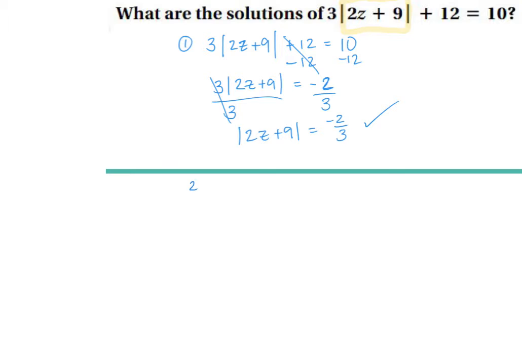So second step, we're going to take away the absolute value, so we're just going to write 2z plus 9 equals positive solution, 2 over 3, and then we're also going to write our negative solution. So 2z plus 9 equals negative 2 over 3.